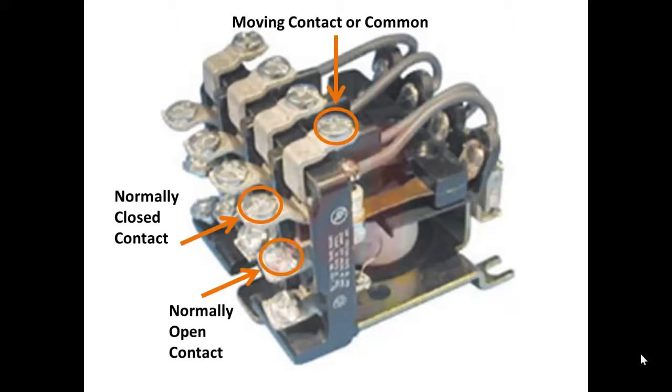So if you just take a second and look at this, you can see the similarity between this and everything we've shown you so far. In our illustrated relay, the moving contactor common was on the other side. In this case, they brought it back over to the same side for convenience of connecting it up.